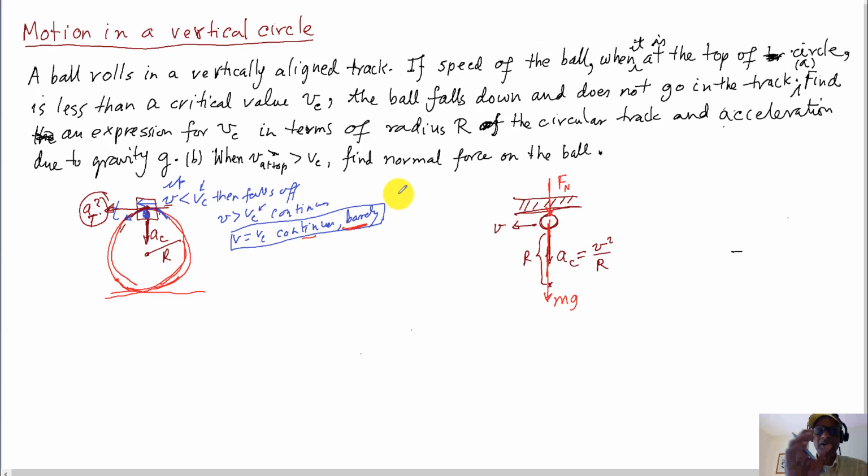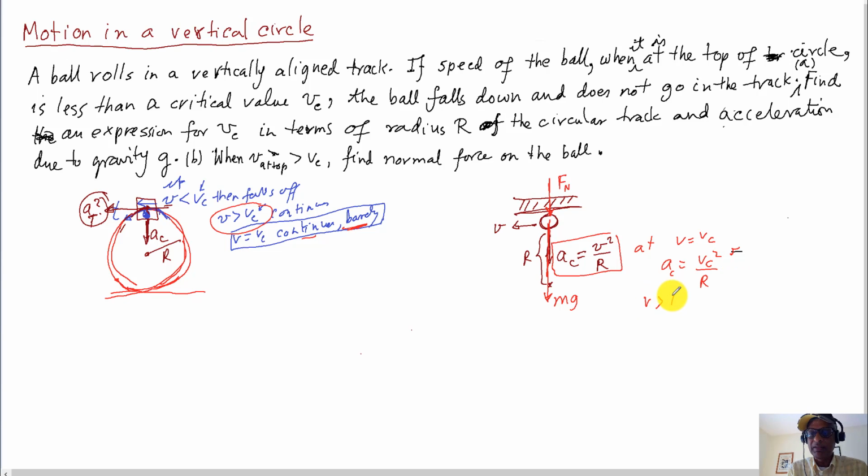If v is higher than vc, then I will need more acceleration. So at v equals vc, the acceleration is vc square over r.